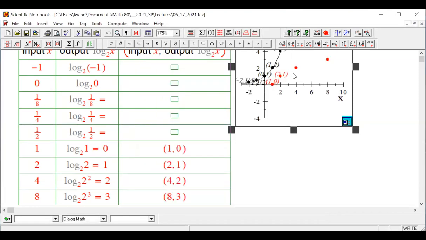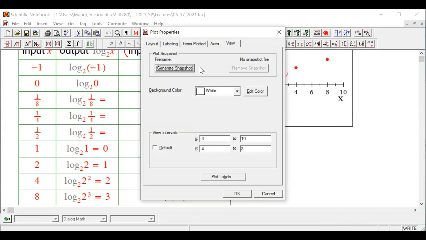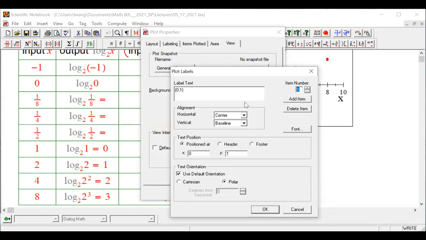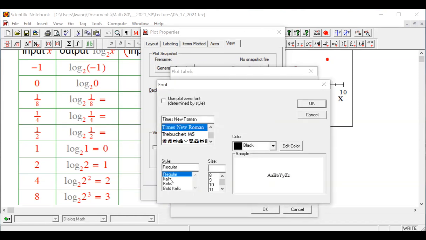And this is 4, 2. Input is 4, output is 2. So 4, 2. It's going to be a red dot, so we mark by red number.